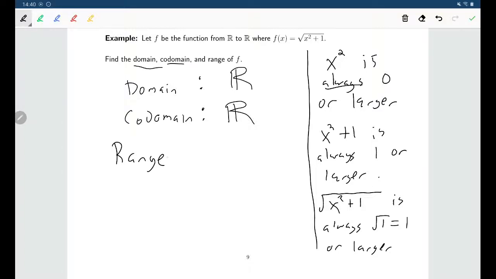We're only going to see the values that are 1 or larger. So for this, I'm going to express my range in interval notation as the values from 1, including 1, and larger. And there we go. So for this function, my domain is all the real numbers, my codomain, all the real numbers, but my range, the numbers that are 1 or larger.